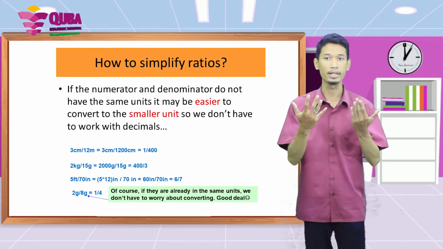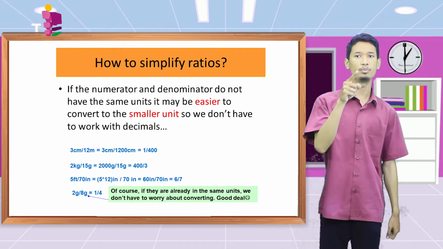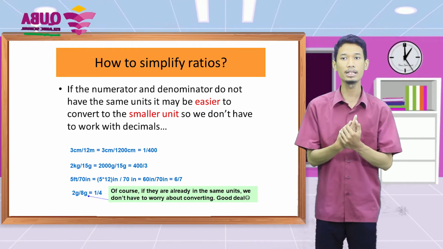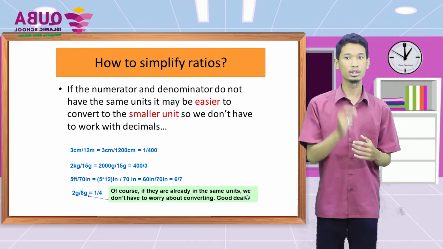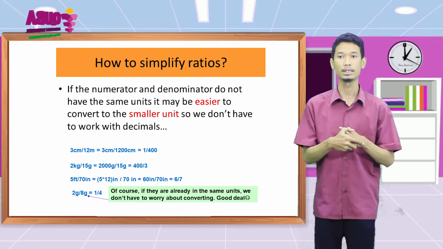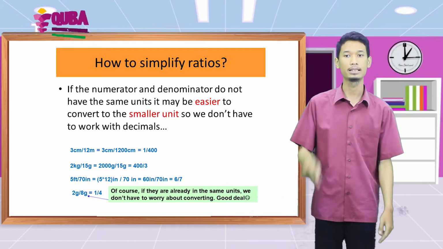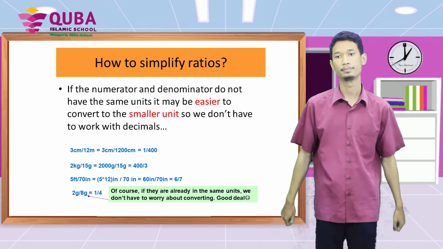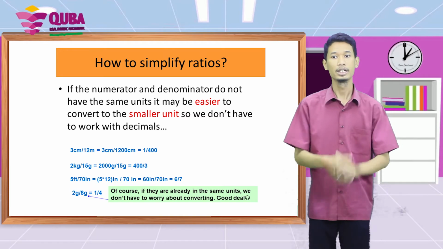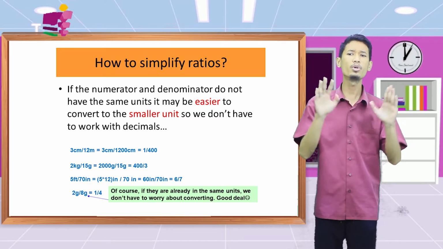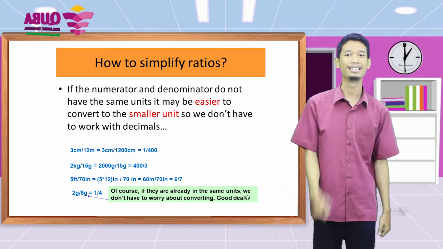Now, how to simplify ratio? If the numerator and denominator do not have the same units, it may be easier to convert to the smaller unit. So we don't have to work with decimals, like this example. Of course, if they are already in the same units, we don't have to worry about converting. Good deal.